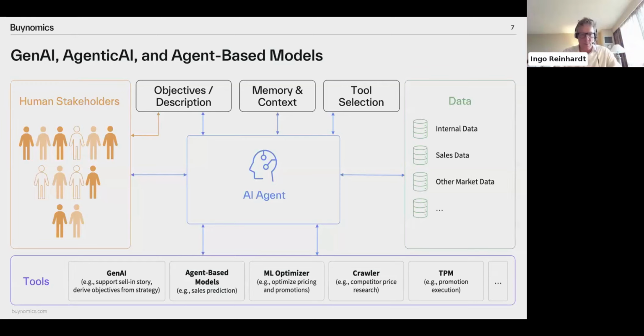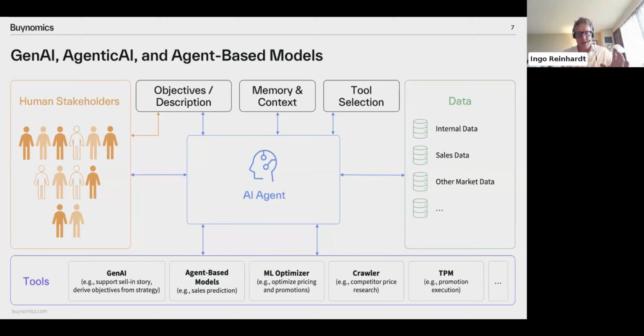And this is, for example, where particularly the agent-based model can play a role in the sense that this is the technology in our experience that is best capable of predicting how demand reacts to price, promotion, product changes, and so on.